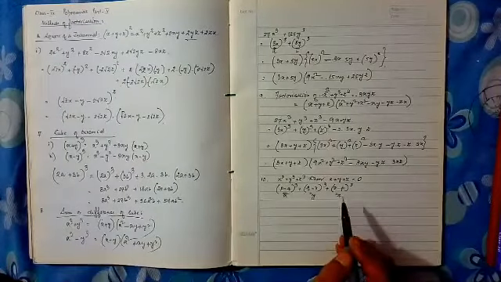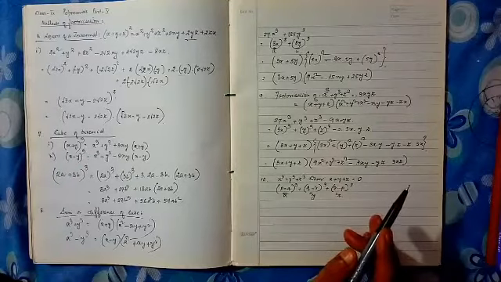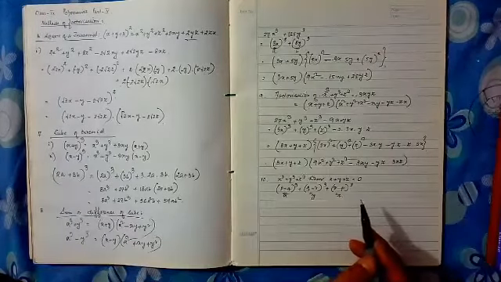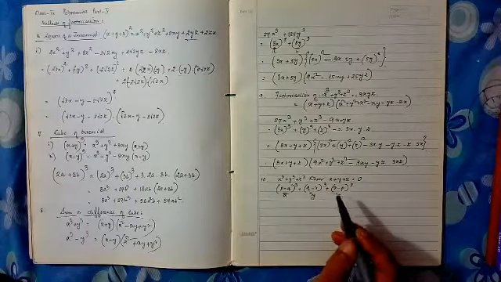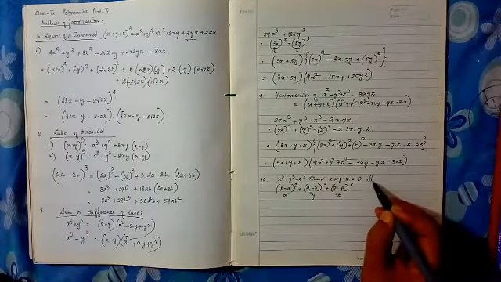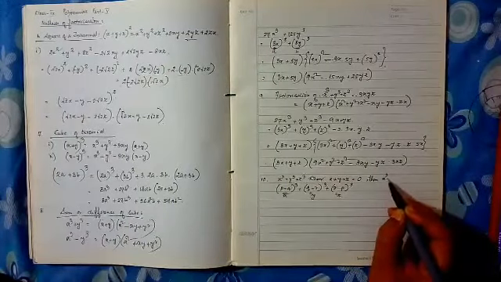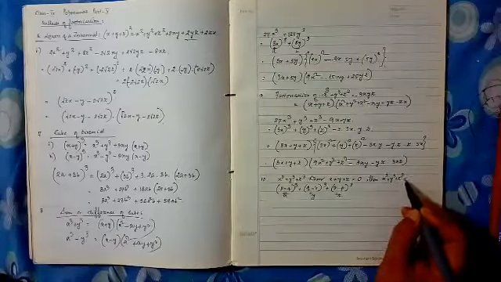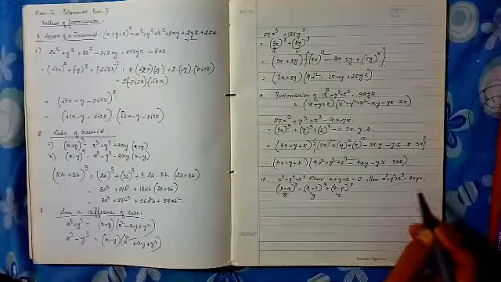Now let us verify whether x plus y plus z is 0. If x plus y plus z is equal to 0, then we have x cube plus y cube plus z cube is equal to 3xyz.